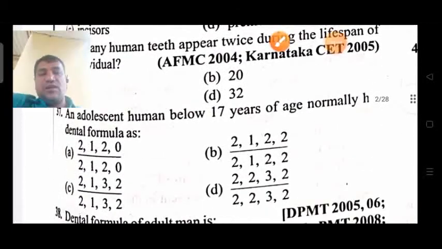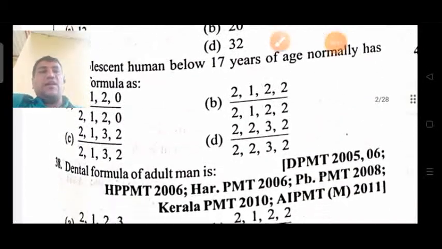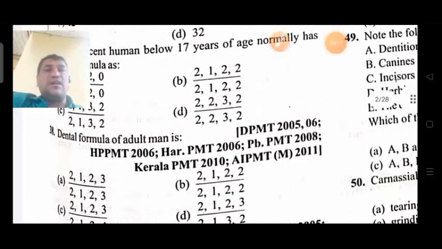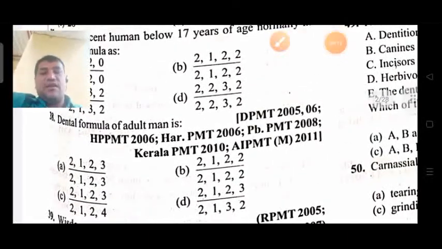Next, coming on to question 38. Dental formula of adult man is 2123.